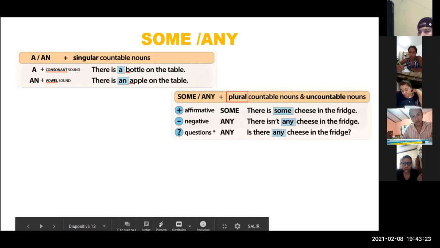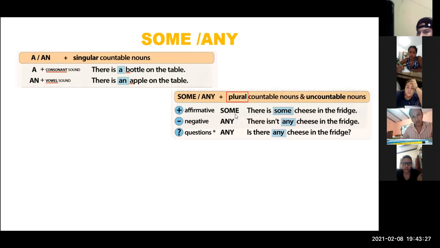An example of a sentence, an affirmative sentence using some and using a plural countable noun. Plural countable noun. I have some pets. Okay, I have some pets. Yes, pets is countable. Okay, thank you.